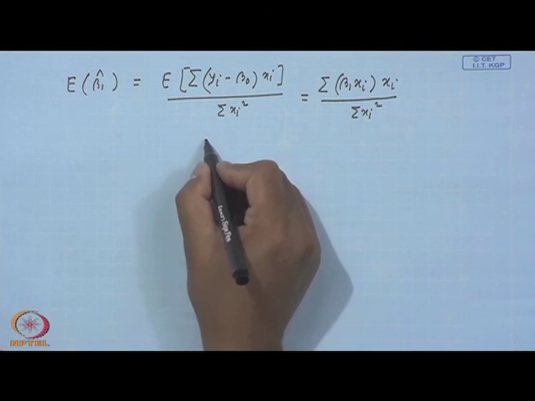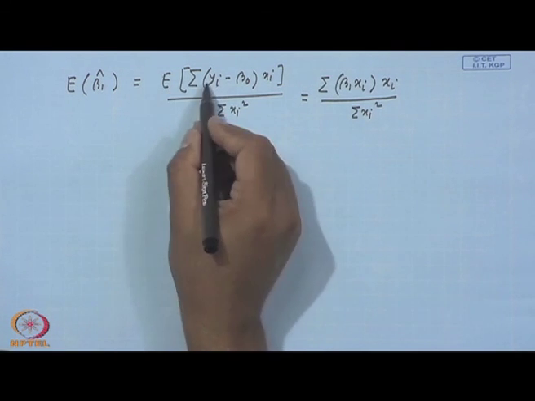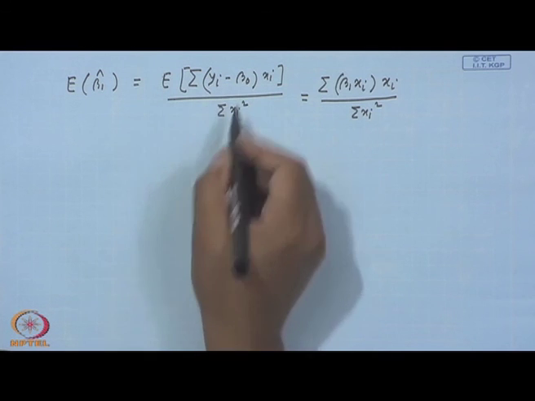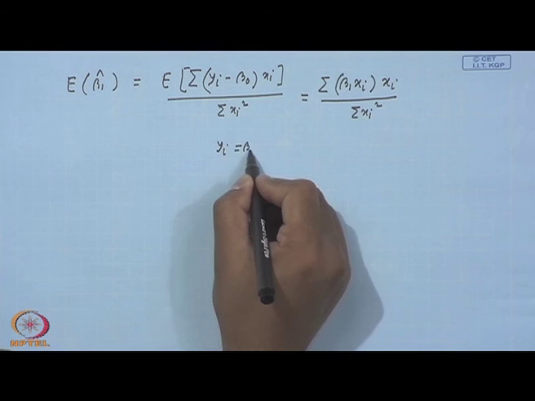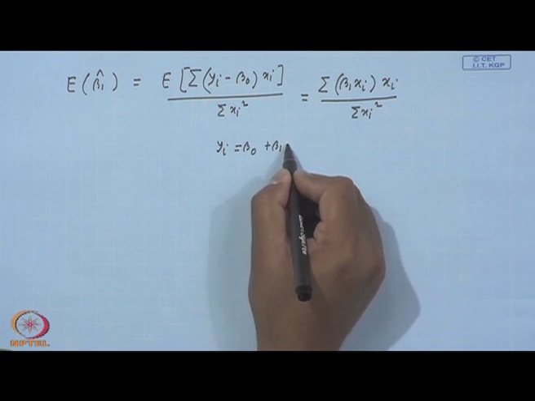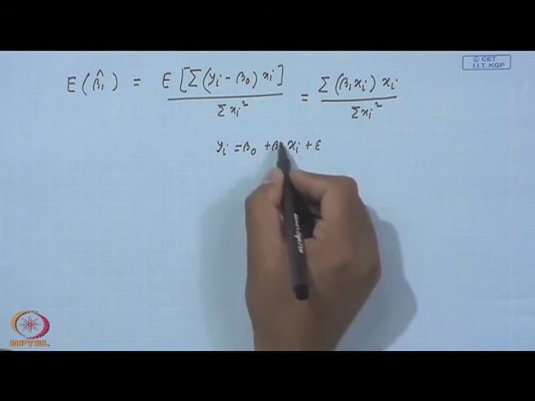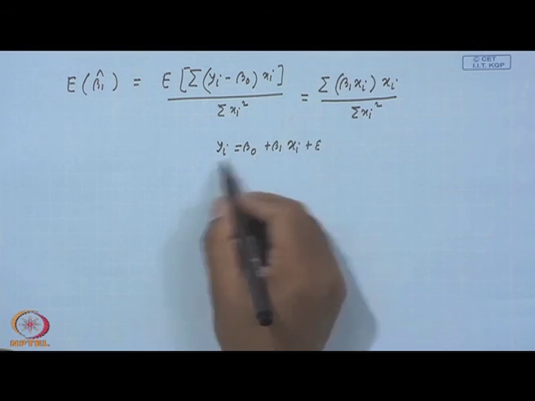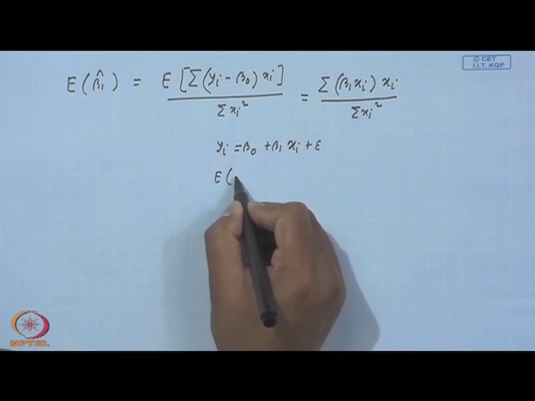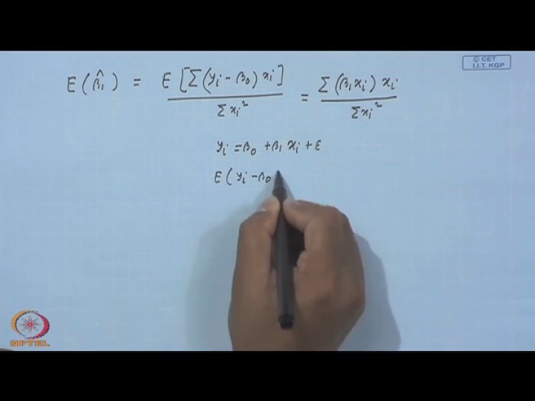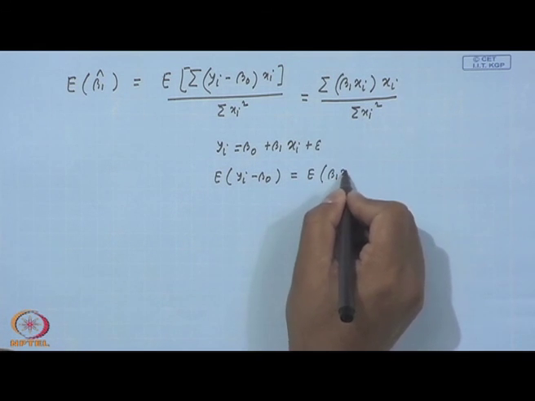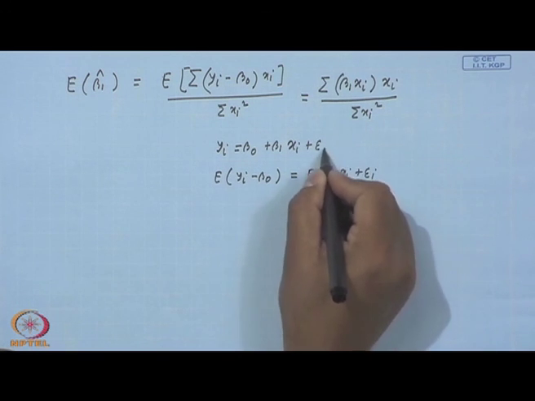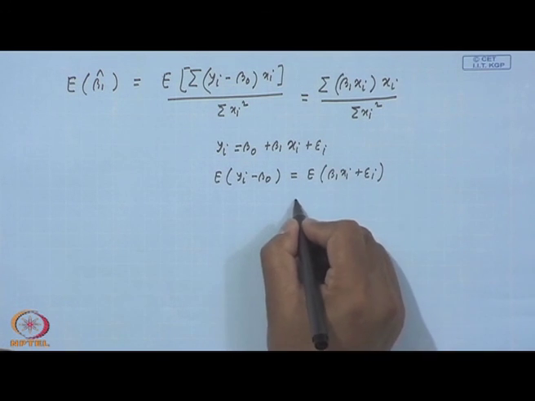Well, let me make it clear. You can bring this expectation inside. So, y_i minus beta naught, where y_i is equal to beta naught plus beta 1 x_i plus epsilon_i. The expectation of y_i minus beta naught is equal to the expectation of beta 1 x_i plus epsilon_i, and the expectation of epsilon is equal to 0.